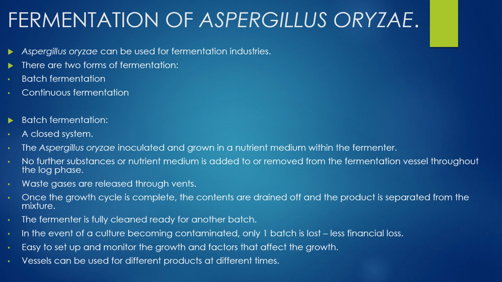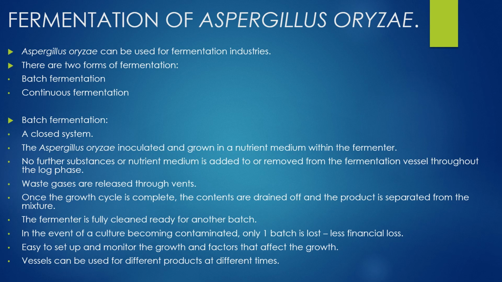As mentioned previously, Aspergillus oryzae can be used for fermentation industries. There are 2 forms of this: batch fermentation and continuous fermentation. Batch fermentation is a closed system where Aspergillus oryzae is inoculated and grown in a nutrient medium within a fermenter. No further substances or nutrient medium is added to or removed from the fermentation vessel throughout the log phase. Waste gases are released through vents.